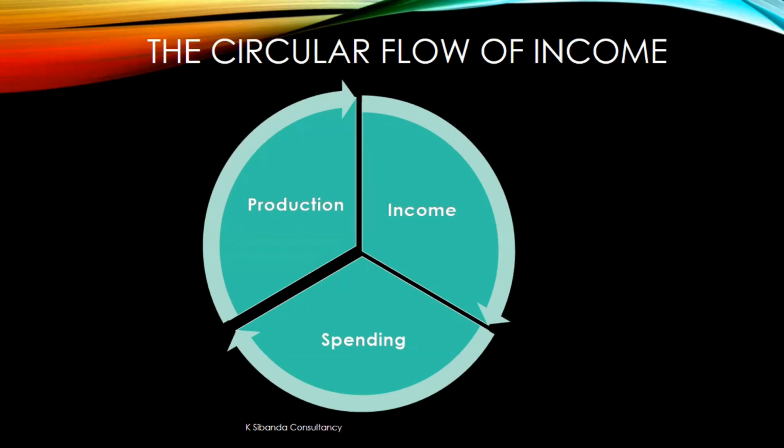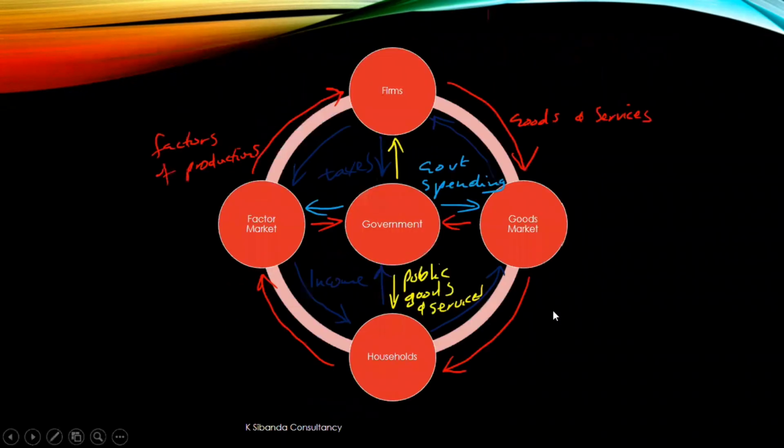Now, a question can come and say, show how government involvement in the economy affects the circular flow of income. Then probably we might need to look at a diagram that shows the government in the economy.